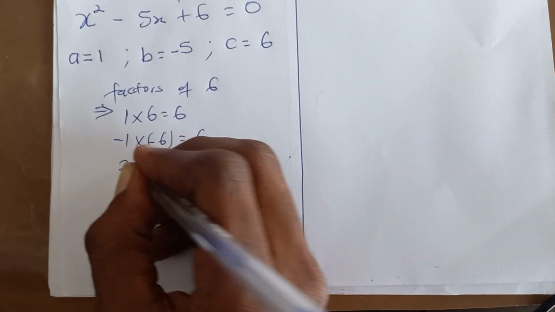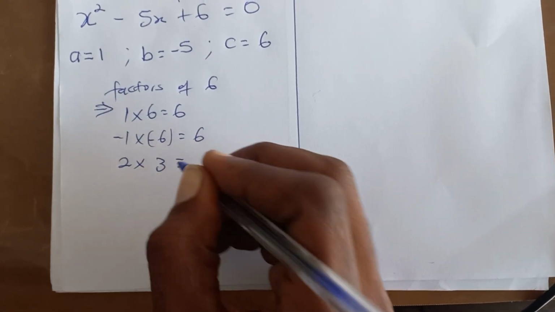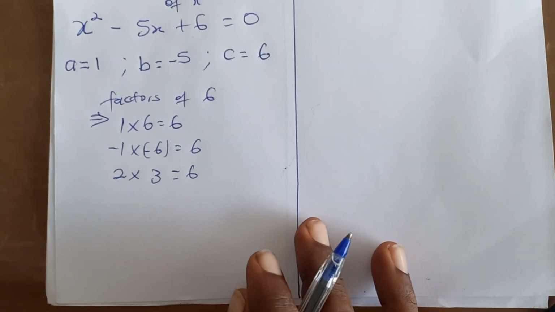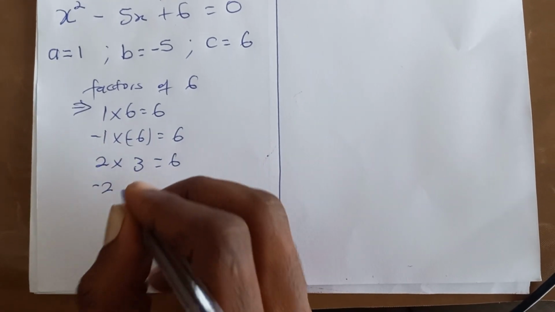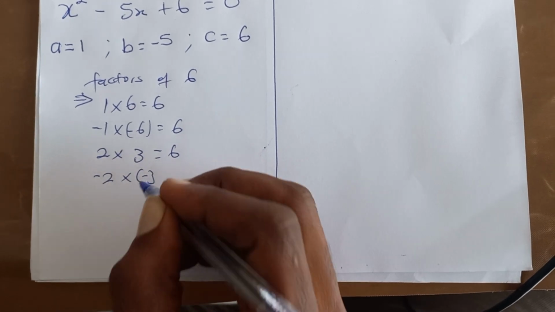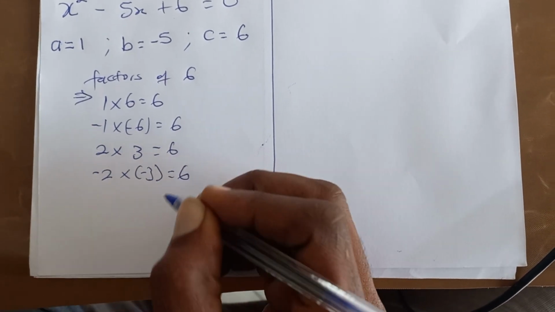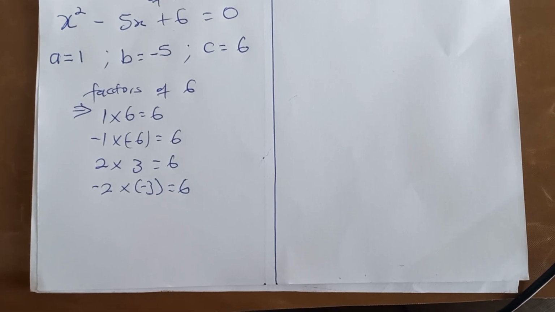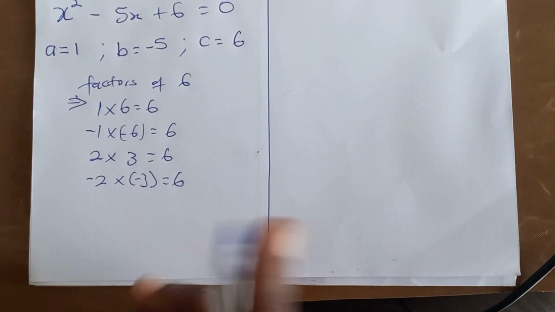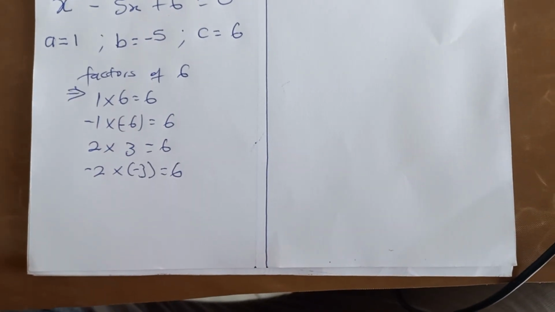When you multiply 2 by 3, we are getting 6. Also, negative 2 times negative 3, we are getting 6. Nice. Good. So these are the factors of 6.